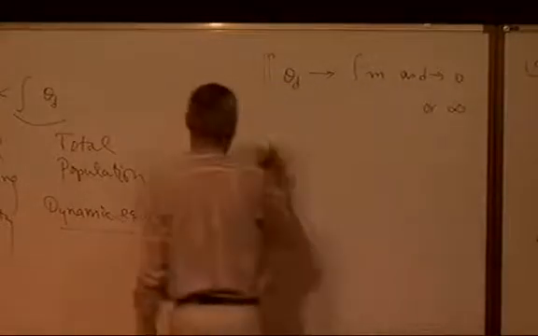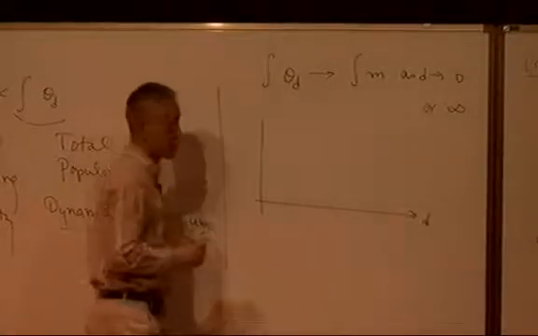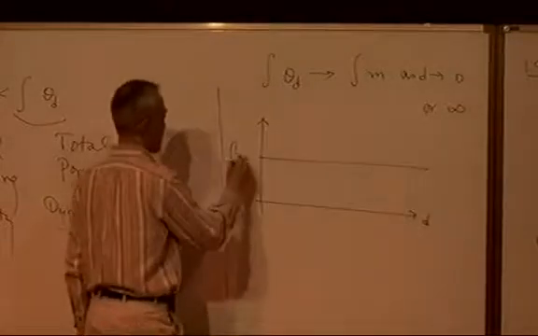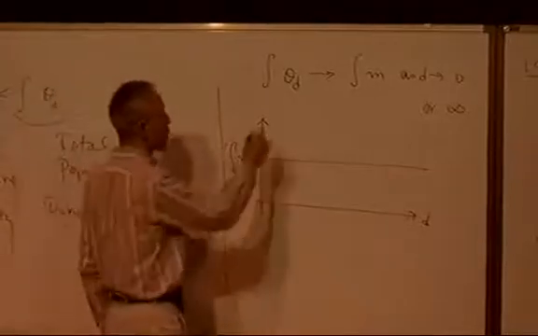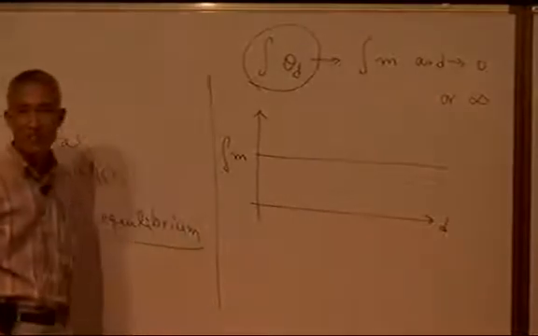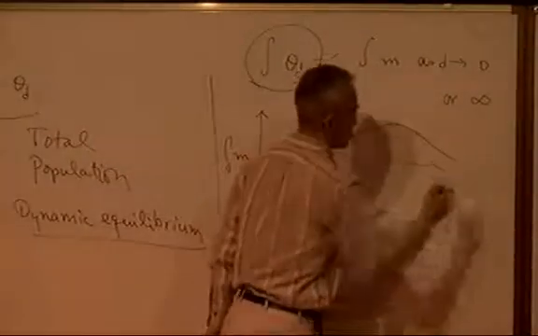So let's draw the picture. This is my d, the diffusion coefficient rate, and this is my integral m. Then I'm going to plot the graph of integral theta d. That'll look like something like that.